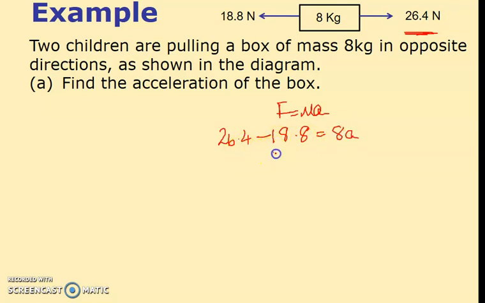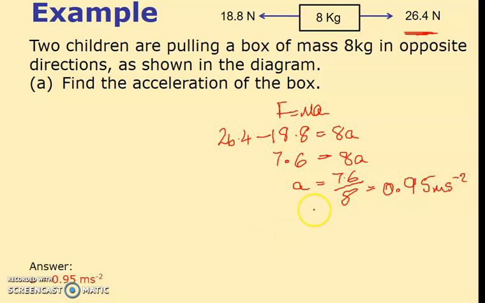I'm just doing this in my head, 7.6 newtons left over equals 8A. A equals 7.6 divided by 8. Yeah, I've done it right. And I get 0.95 for that, 0.95 meters per second squared. There it is.